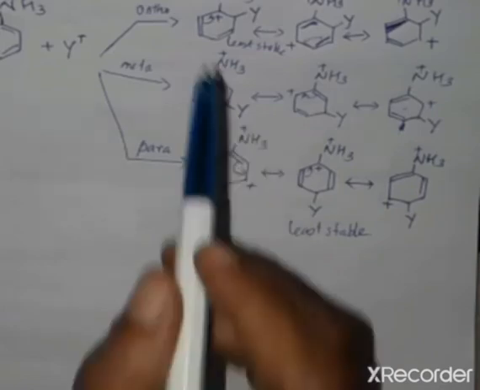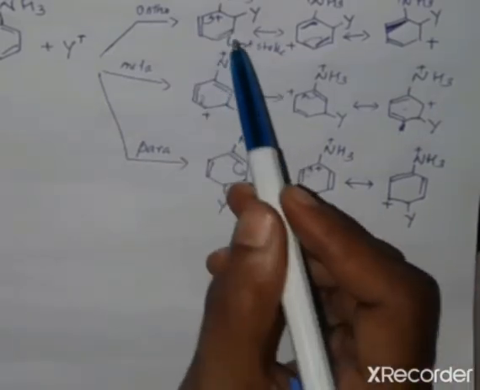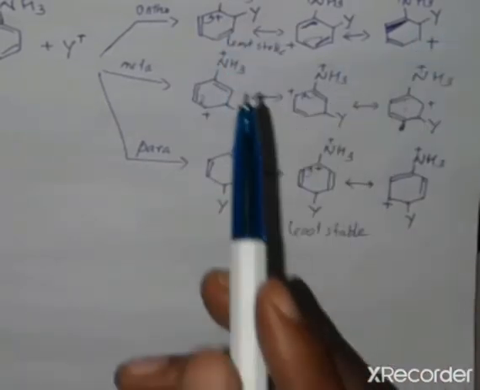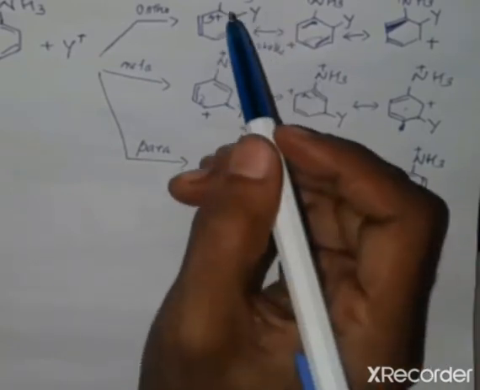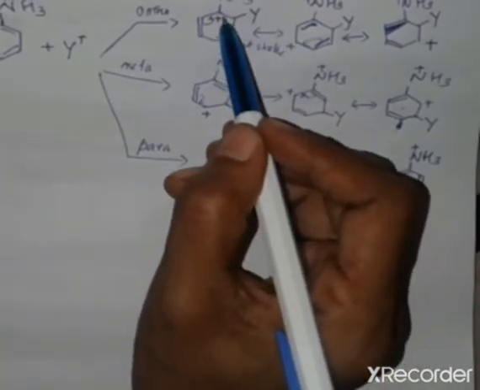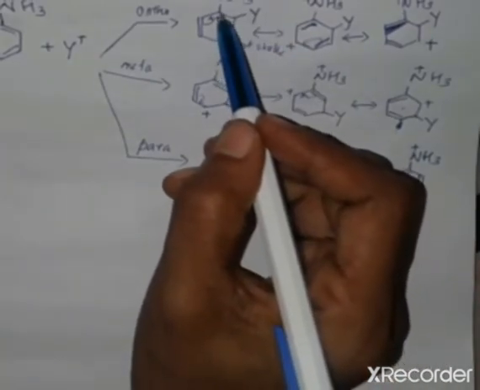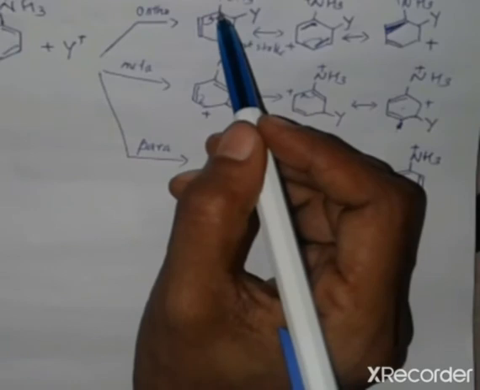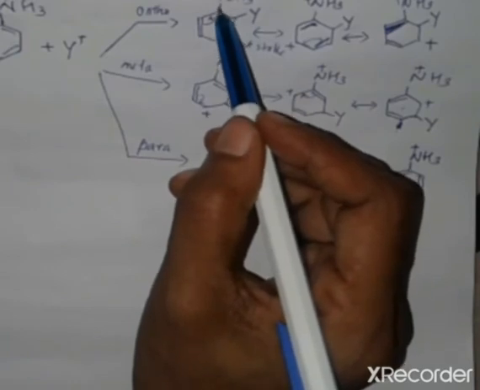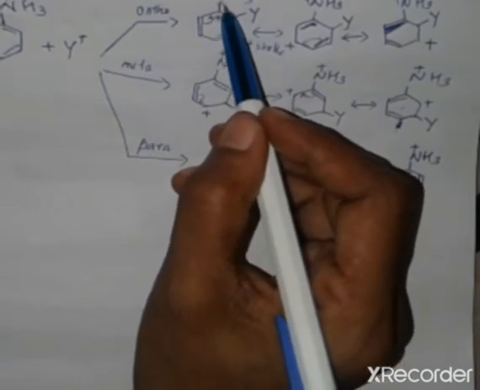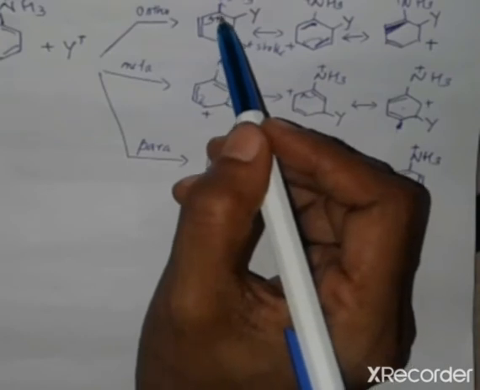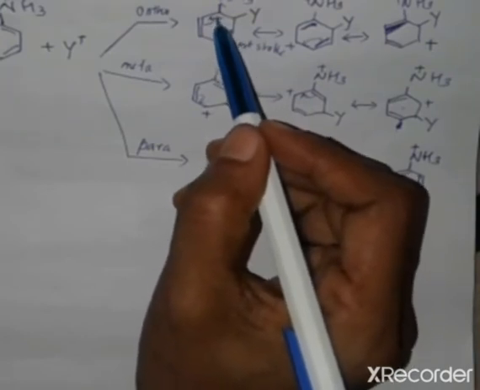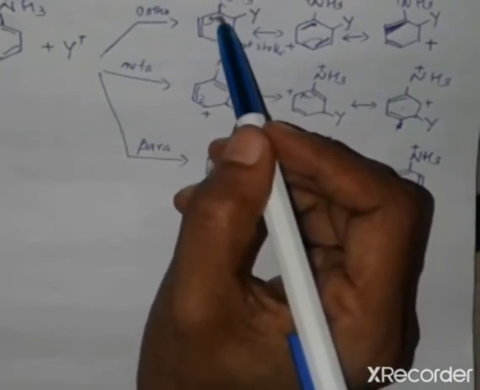Then checking the stability of these carbocations. Here, this carbocation has a positive charge at the carbon at which the electron withdrawing group is bonded. That is, when this NH3 group withdraws electrons from this benzene ring, the positive charge density of this carbon increases.